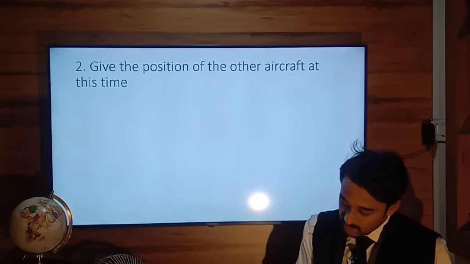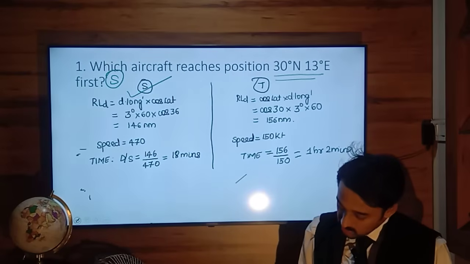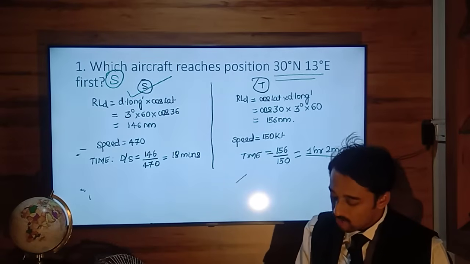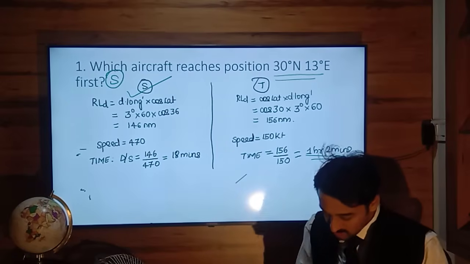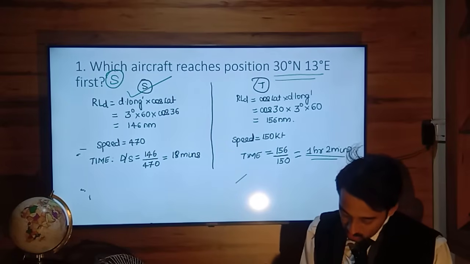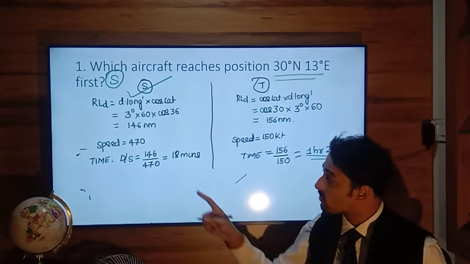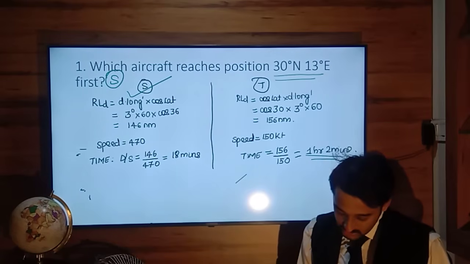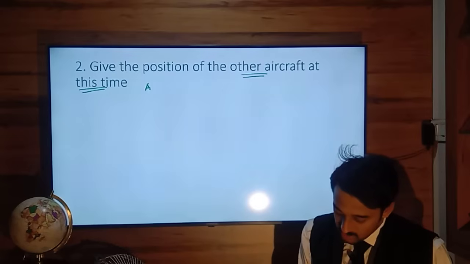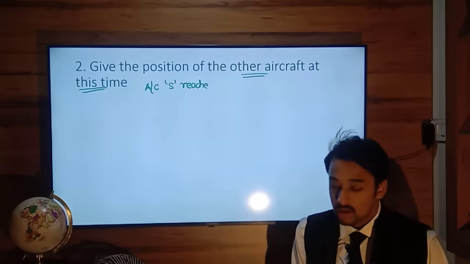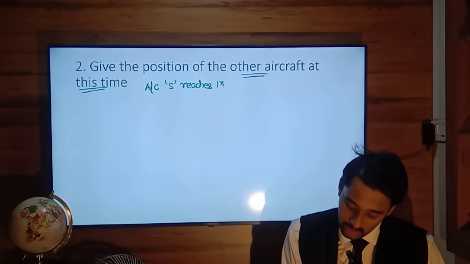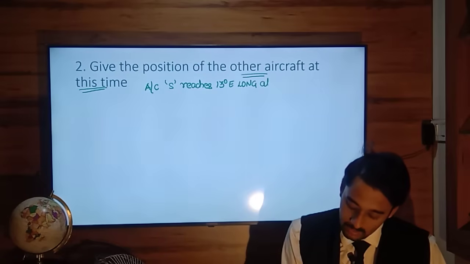Give the position of the other aircraft at this time, so at the end of 1 hour 2 minutes. The second question is a continuation of the first question. It says aircraft S reaches 13 degrees east longitude at 18 minutes.